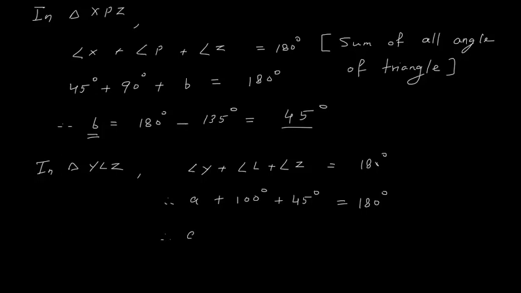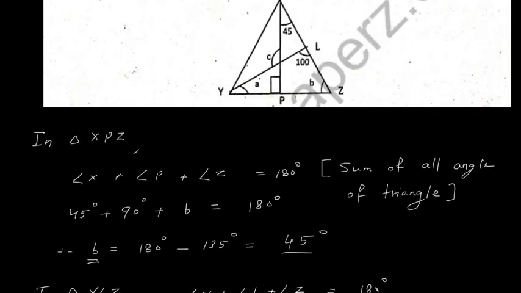Therefore a is equal to 180 degree minus 145 degree, which is 35 degree. The value of a is 35 degree.